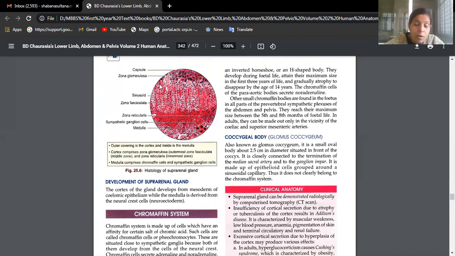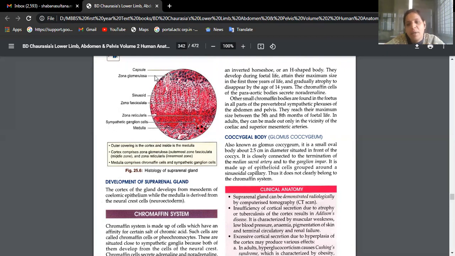You have to draw long lengthy cells and in between you have to show so many capillaries. Fasciculata will have large bundles, like three-fourths of the picture should occupy fasciculata, one-third glomerulosa, and a network type of arrangement of cells you will find in zona reticularis. And you should talk about the hormonal component.